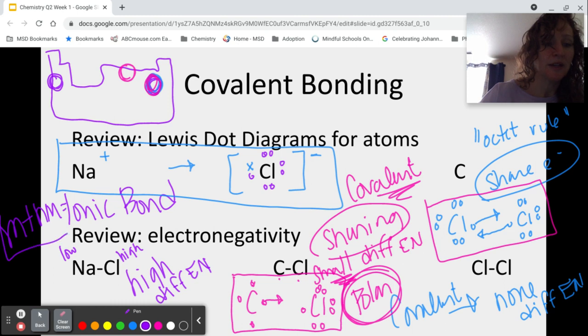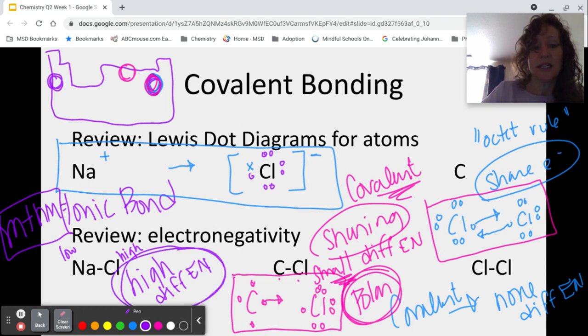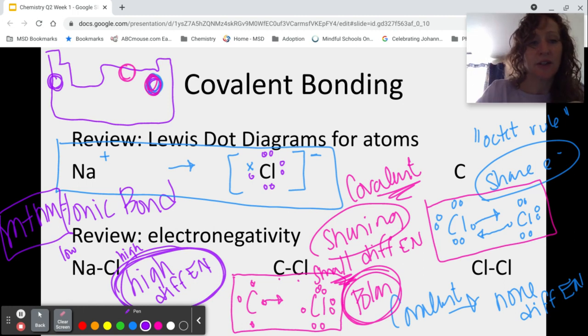A metal and a nonmetal are going to equal an ionic bond. So why is that? It's because they have such a high difference in electronegativity. So we actually don't need the numbers. We don't need to go look up that chart of electronegativity difference, because what we can do is just look at the periodic table.